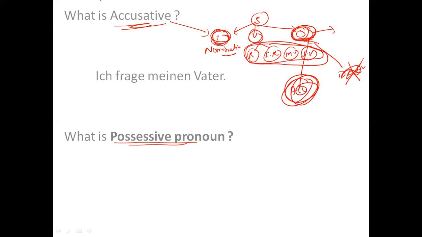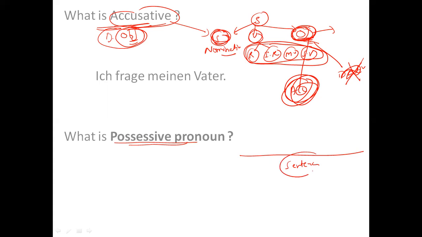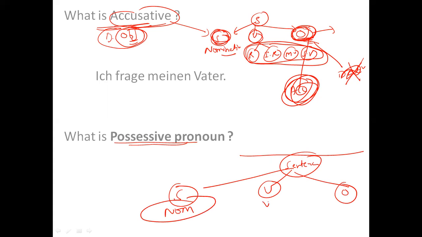So what is accusative? Accusative is an object of a sentence, and specifically a direct object. Let me give you a short map: a sentence has a subject, a verb and an object. In German, the subject is nominative, and the object can be a direct object or an indirect object.